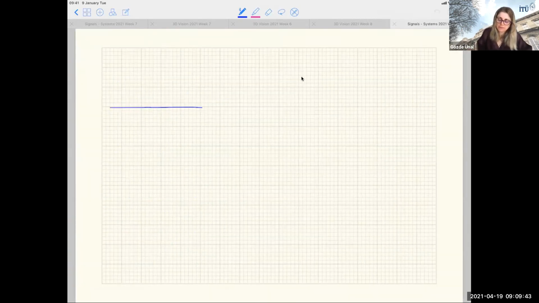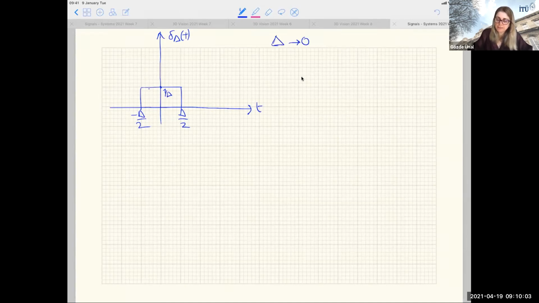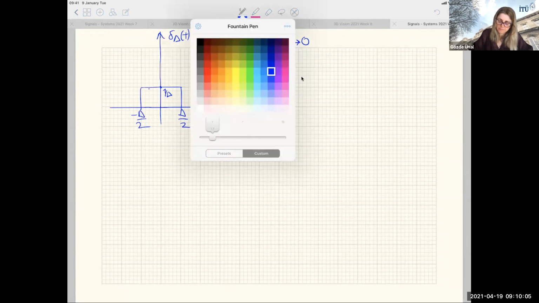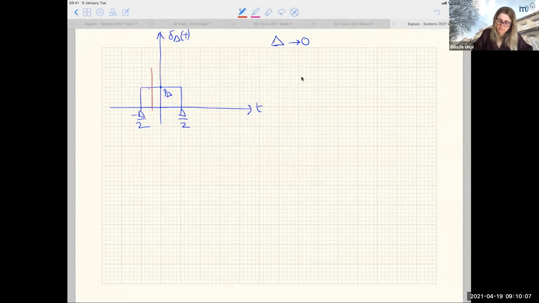Let me redraw it. So I was saying, I have defined this delta sub delta of t, from minus delta over 2 to delta over 2, and it's really 1 over delta here. Now make delta small. For instance, let's make it half the size. You see, I'm trying to keep its area 1 because I want to have some mass, right?